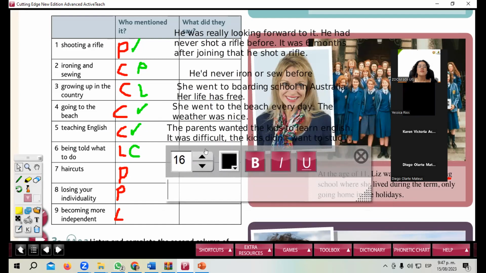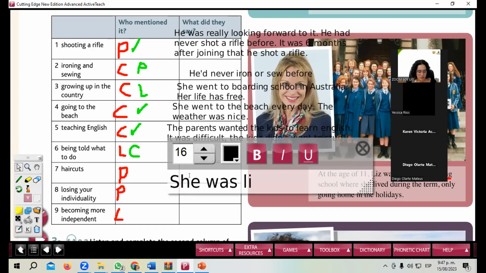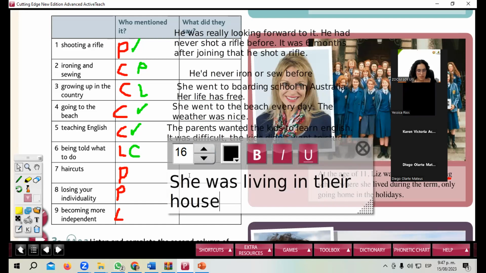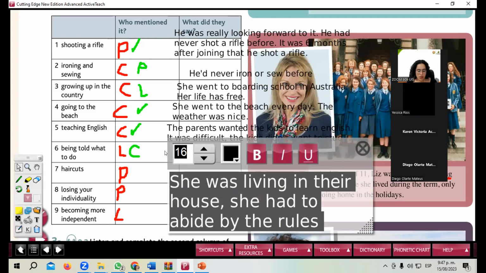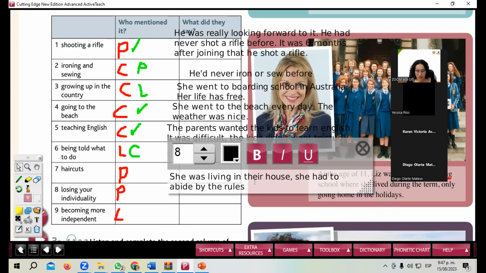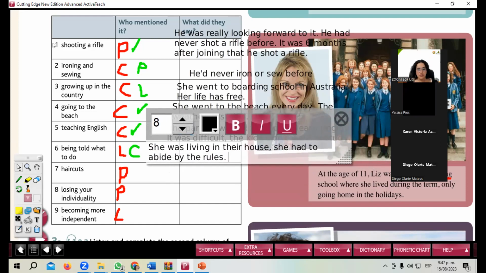When she was living in their house, she has to abide by the rules. Yes, she had to abide by the rules, so she had to follow their rules, okay? And they told her to do the housework, to clean the floor, to do the laundry, all of this. And she didn't like it, okay? She didn't like this.